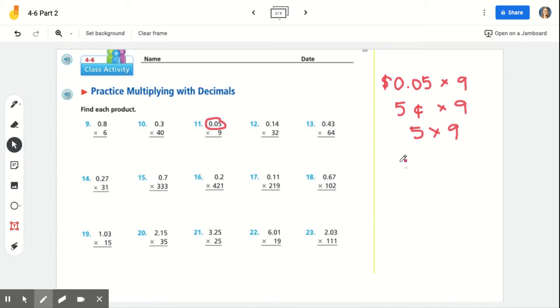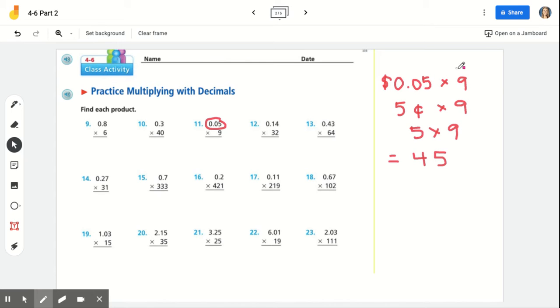5 times 9 is equal to, what's 5 times 9, everyone? It's 45. Okay, so 5 cents times 9, does it equal 45? For example, let's say we're purchasing, what could cost 5 cents? Pencil erasers.